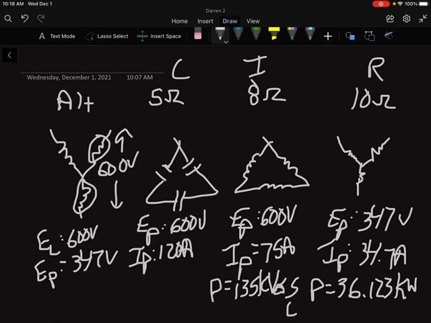Excellent. Now we are looking at our total power. Our power is 600 times 120 times 3, and we get 216 kVARs capacitive.